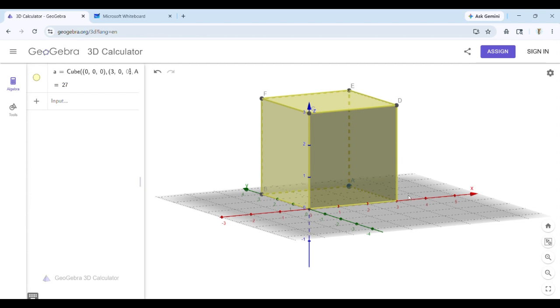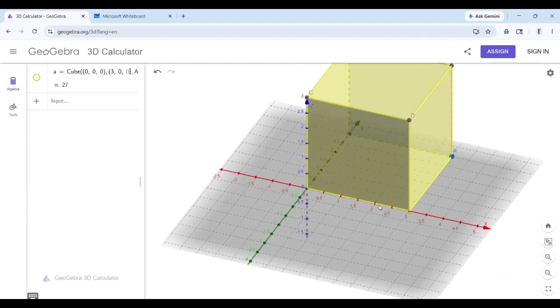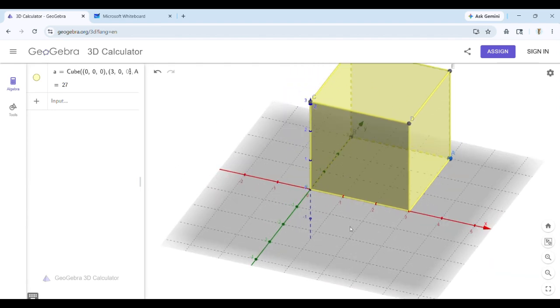Now, let's look closely at the base of this cube, sitting on the gray grid. This is the base. Let's count the grid units along the red length axis: 1, 2, and 3.